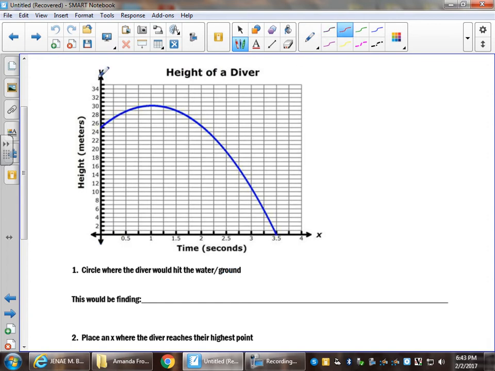So I see here that my y-axis represents the height in meters, and time is on the x-axis. So if I'm talking about where the diver hits the ground, ground is at a height of 0. So height of 0, and I look and I look and I look, and that happens right here.